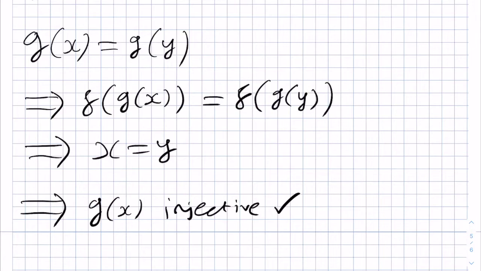Now, despite being able to show this for g of x, we want to give an example where f of g of x is injective, but f of x is not injective. Let's pick an example of a non-injective function.